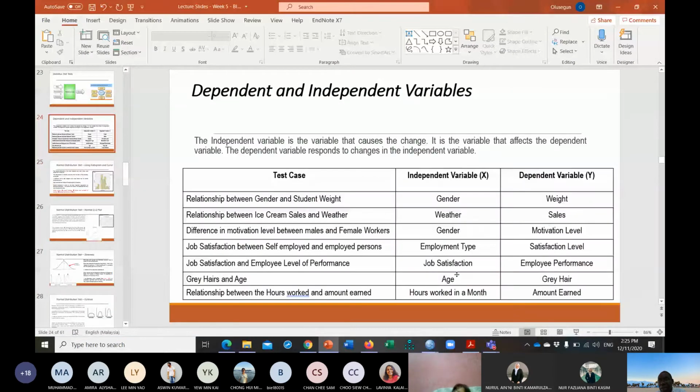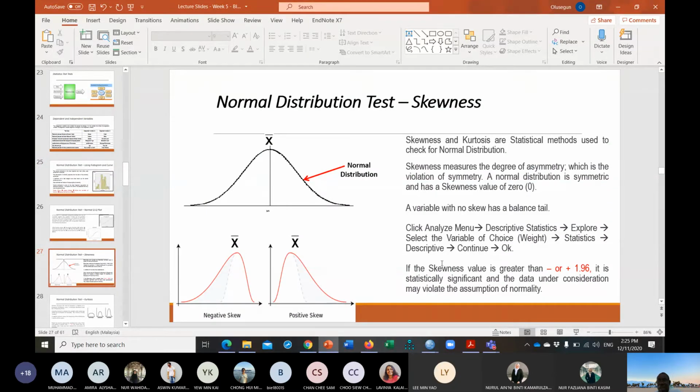If the skewness or kurtosis value falls within that range, we will say it is normally distributed.